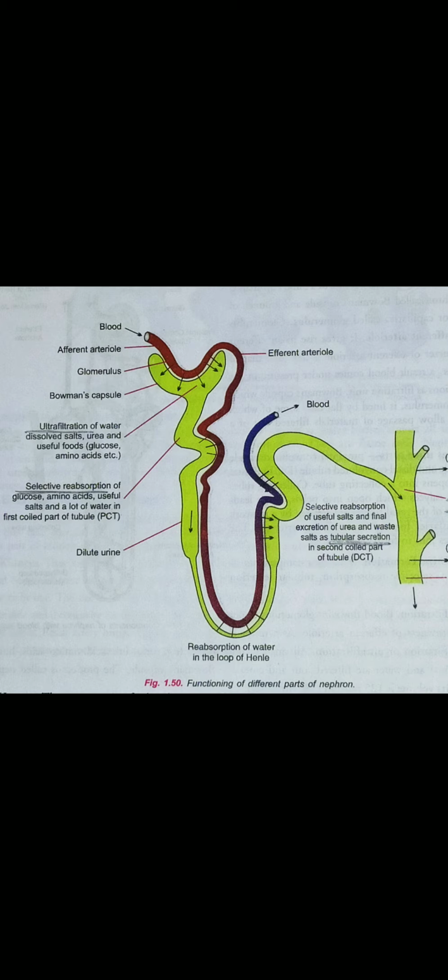The mechanism of urine formation performed by the nephron can be discussed in 4 main steps. The first step is glomerular filtration, which is also known as ultrafiltration, which you can see on the screen.